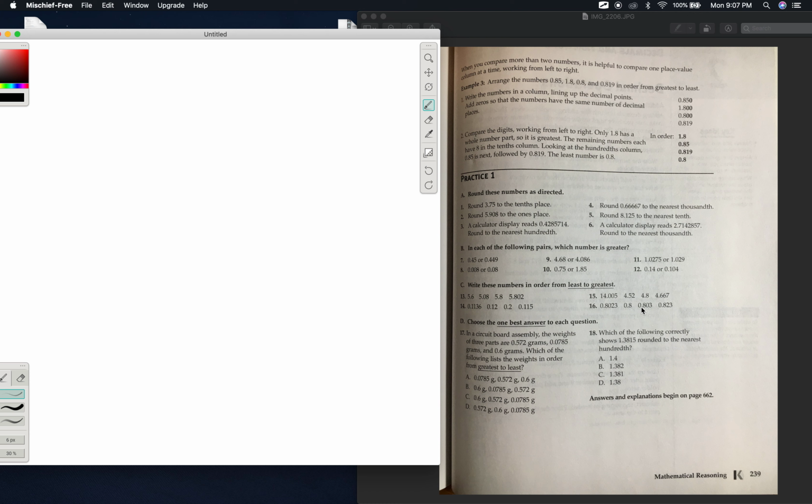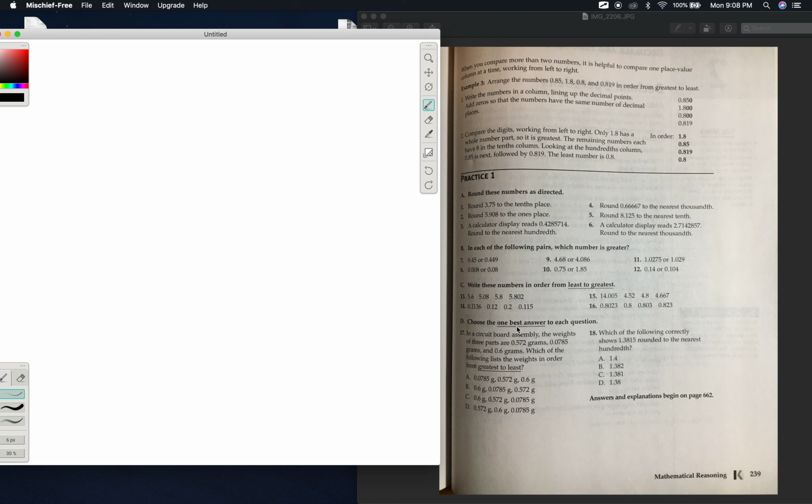Then 80, comparing it with these two, yeah. So this would be the next smallest. Then this one, okay, and then this one here. Alrighty then.